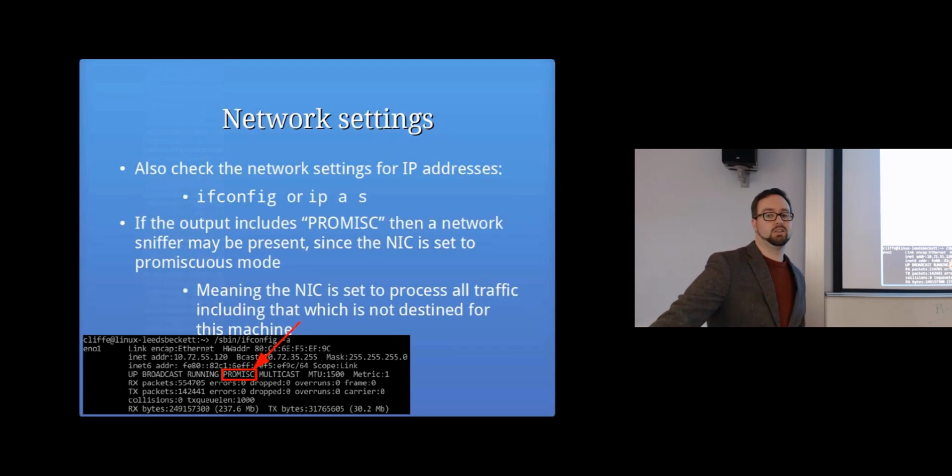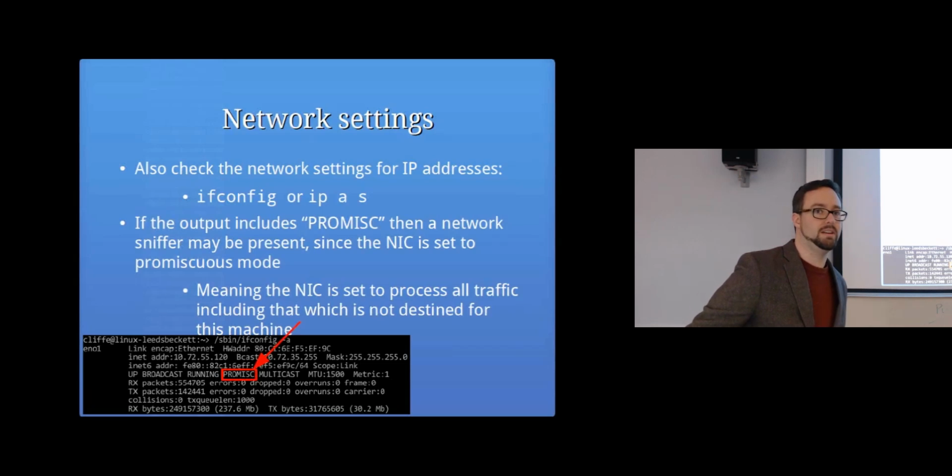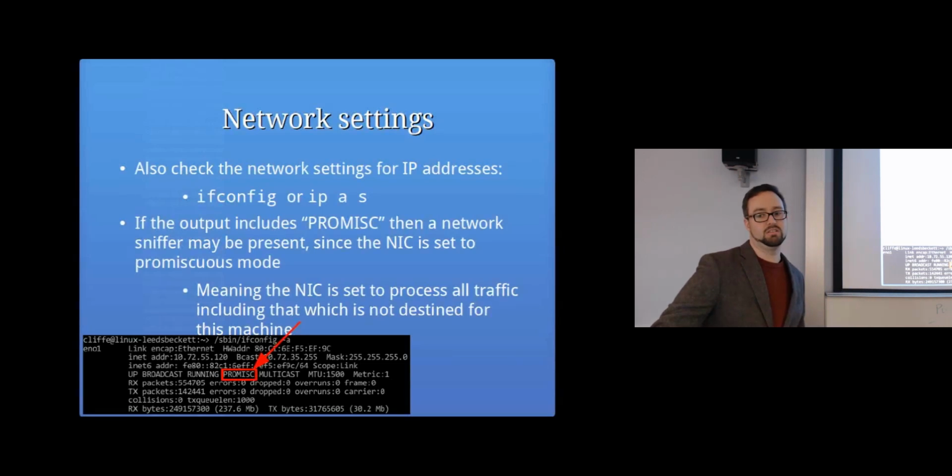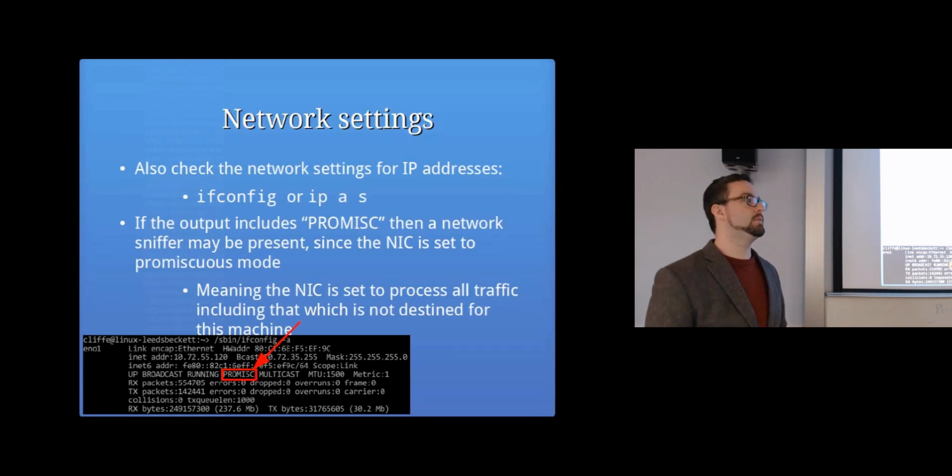But if that output includes promisc, then that indicates that your network interface card is set to promiscuous mode. No, it means that your network card is set to accept all the traffic. So normally, what happens on a computer, and it's a little bit less relevant now, we've got switched networks everywhere, right?